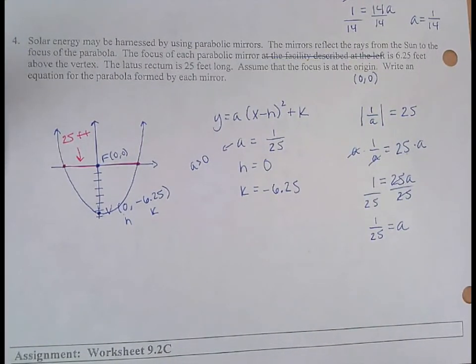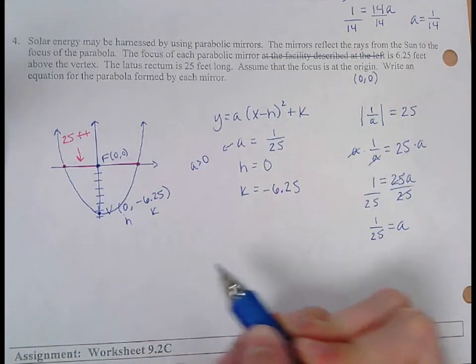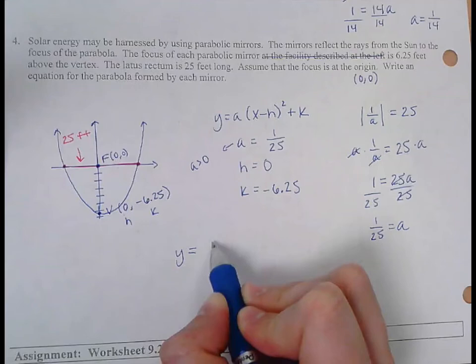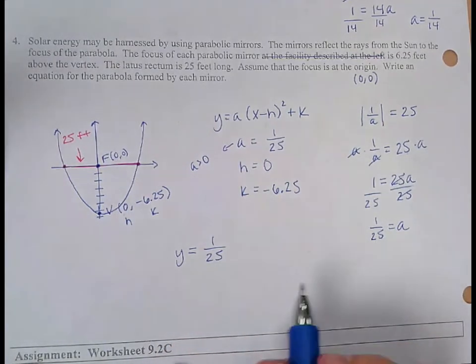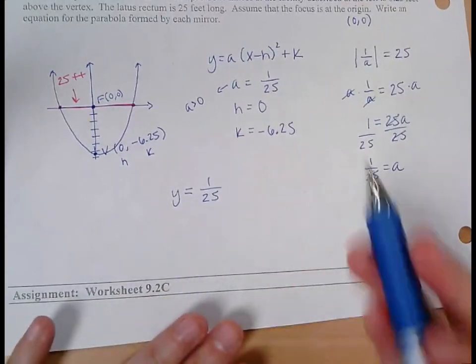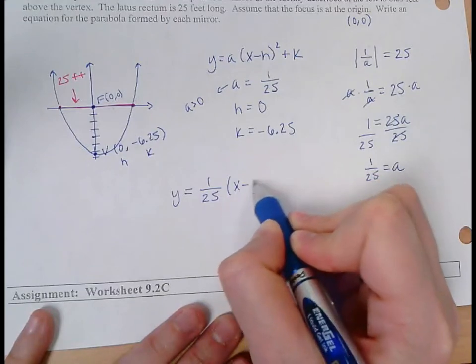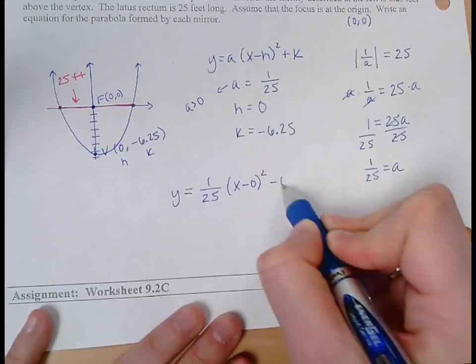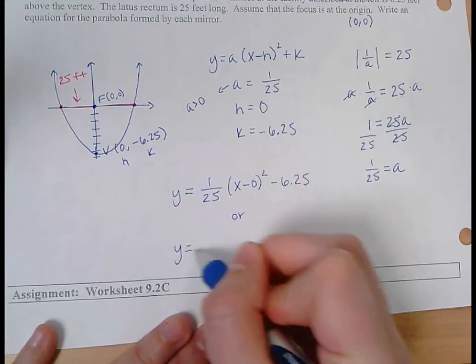And like I said, I know it's positive. So the equation of this parabolic mirror would be y equals 1/25 times the quantity... Now here, I'm going to show you two ways you could write this. I would accept either one. Since h is 0, I could write it as x minus 0 quantity squared and then minus 6.25.